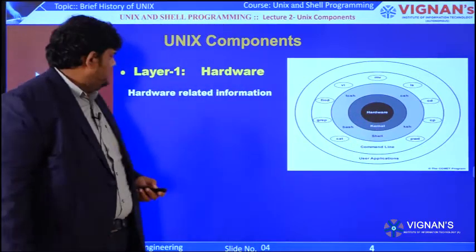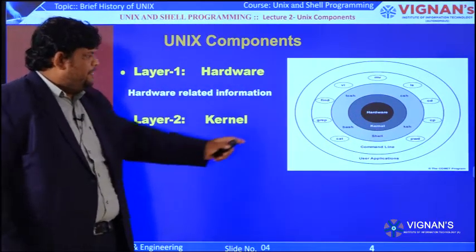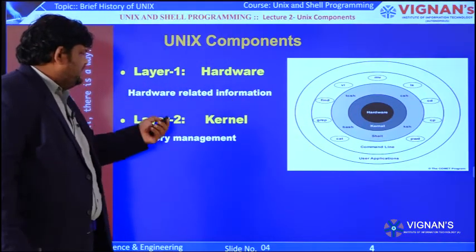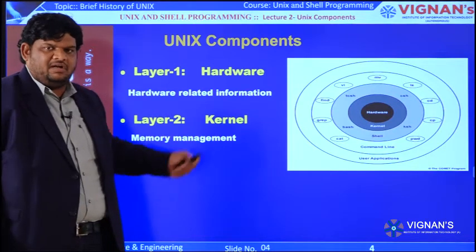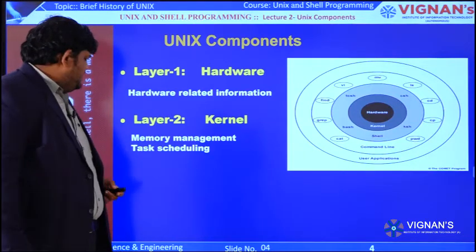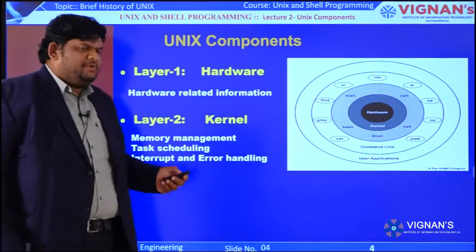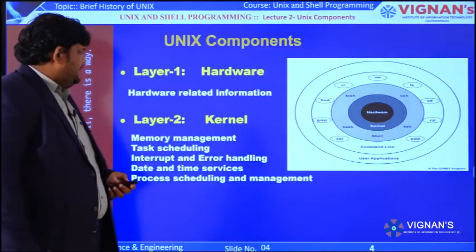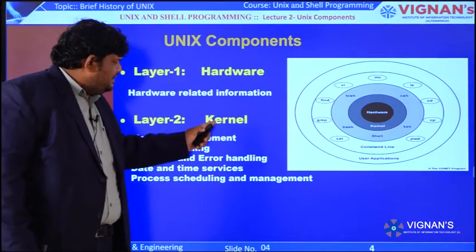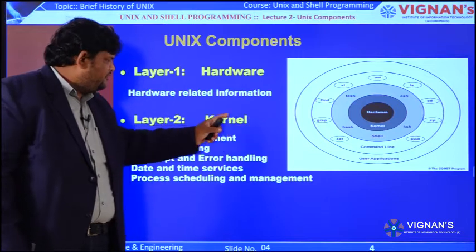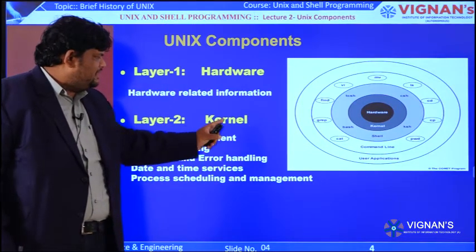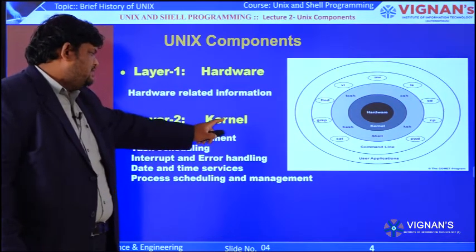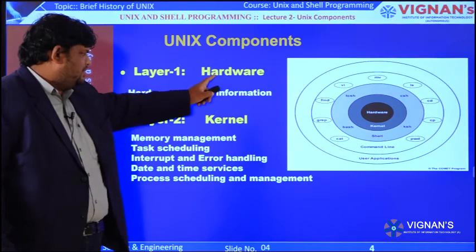Coming to layer 2, above the hardware, you can see the next one is the kernel. The functionalities of the kernel are memory management, task scheduling, interrupt and error handling, date and time services, and process scheduling. We can say all the operating system functionalities are performed by the kernel. The kernel is nothing but the heart of the OS. It also directly controls all the hardware components.